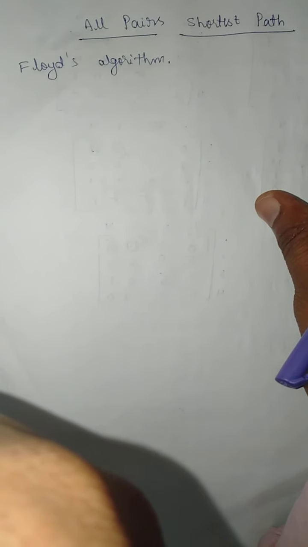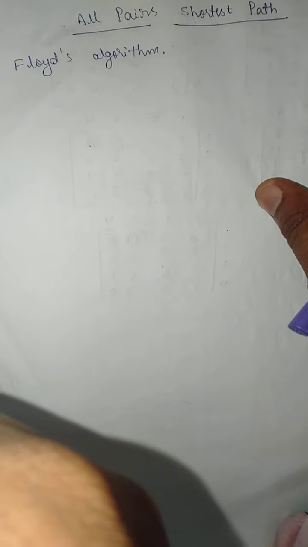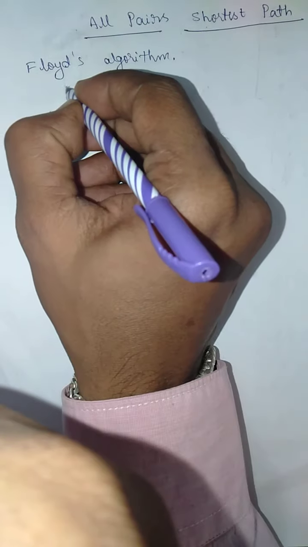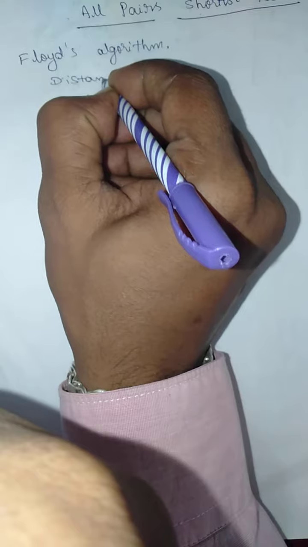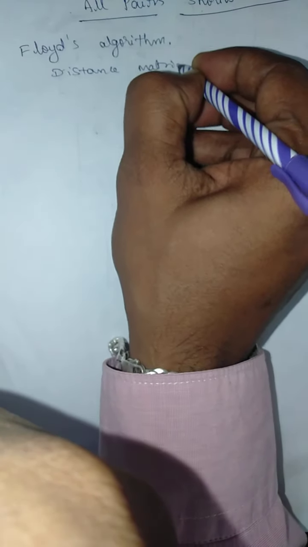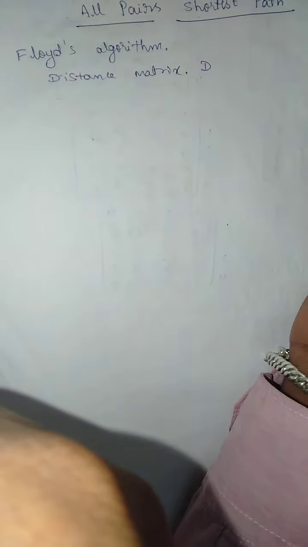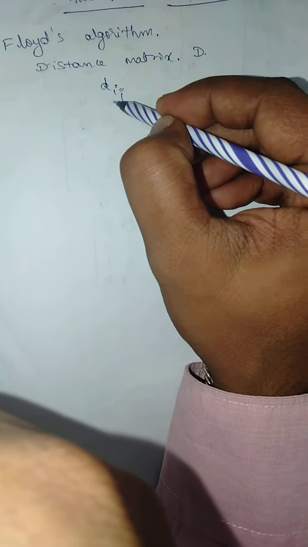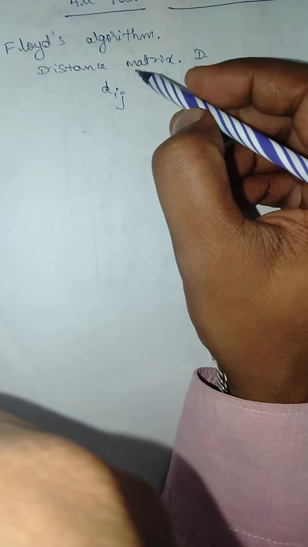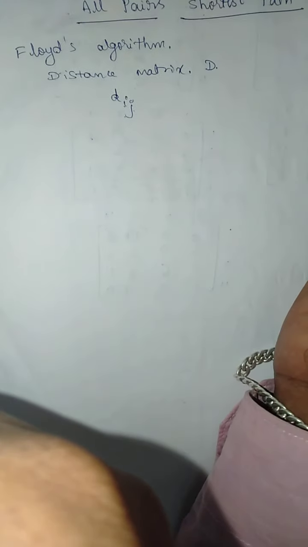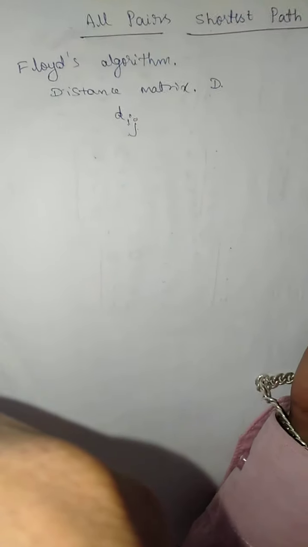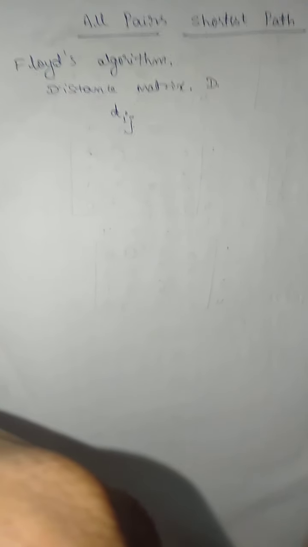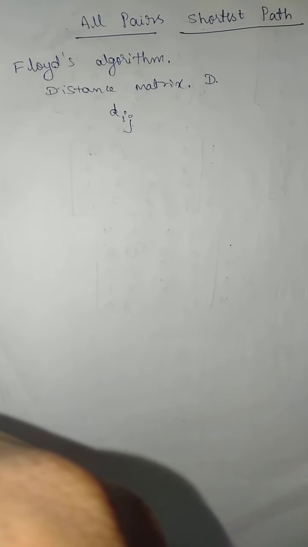And we have to record all these shortest path lengths from each vertex to every other vertex in what is called the distance matrix, call it D. Each element Dij in the distance matrix D indicates the length of the shortest path from vertex i to vertex j. We shall now look at how Floyd's algorithm works.